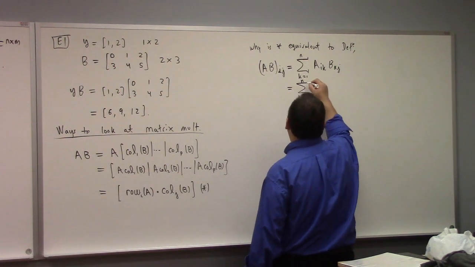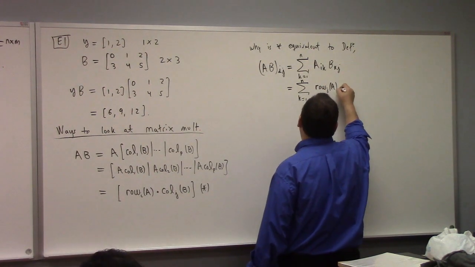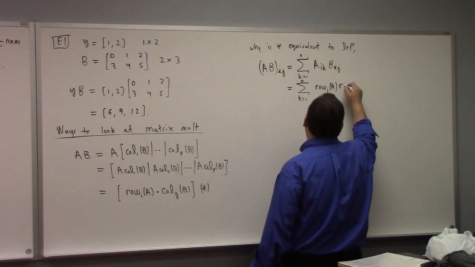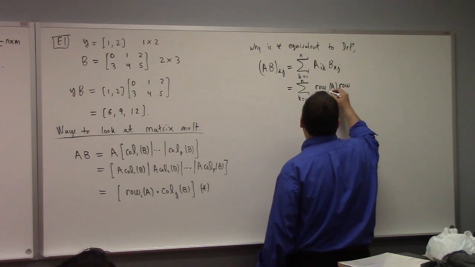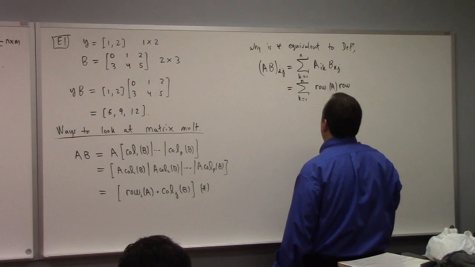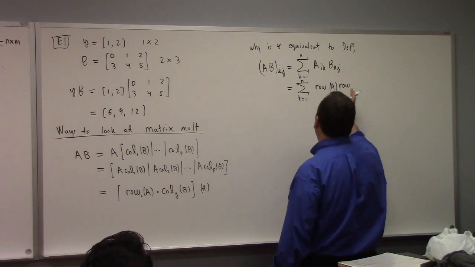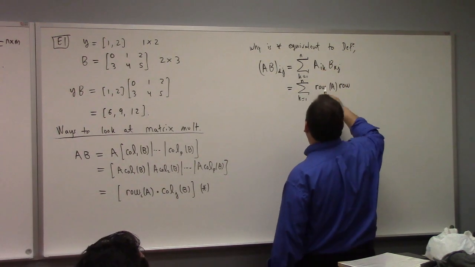It's k equals 1 to n. This is row I of A, and this is what? This is row, not row I, my bad. That was actually row, that's not even row A. I'm still wrong. I'm a dummy. What is this? This isn't row, it's not a row of A. That's row I. This is not row, sorry, row K, right?